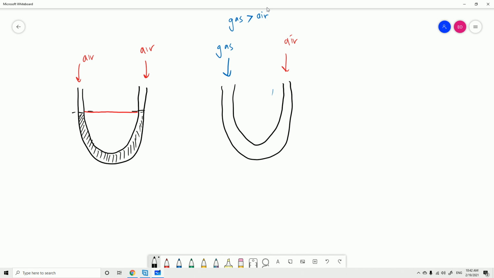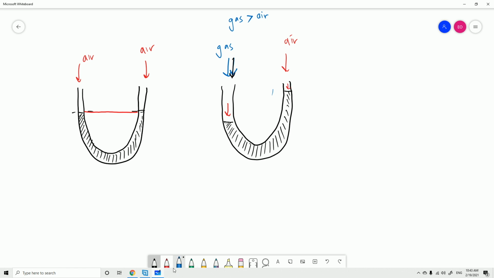Well, as you might expect, the stronger pressured gas is going to force the liquid down more than the less pressured gas. So in this case, if we're assuming that this gas on the left-hand side has a higher pressure than air pressure, what you'll find is the height levels might look something like this. Right? Because there's more force being exerted here than here.